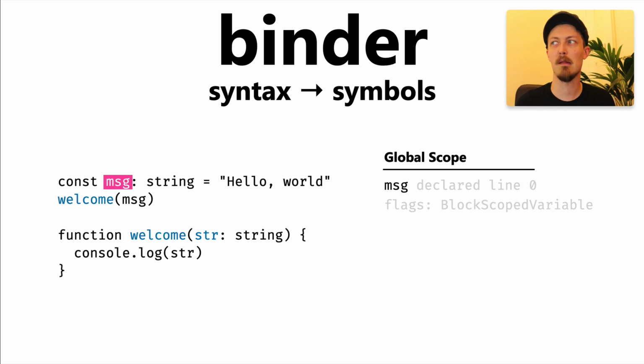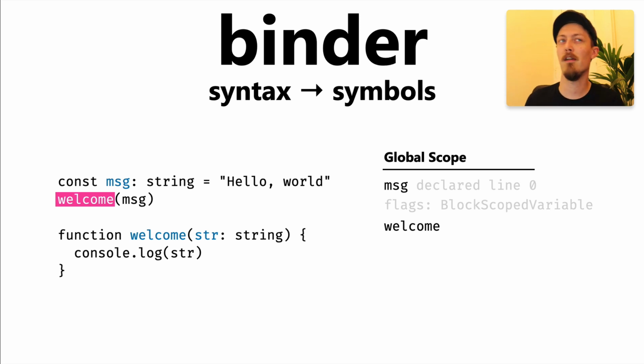So in this first case, we've found MSG and we've declared that it exists on line 0 at certain indexes and said, hey, this is a variable and it was block scoped when it was found. Next, we see the welcome, but the symbol type doesn't do much with it at this point because it hasn't been defined yet. It's there, but it's not actually useful for us to know that it is there.